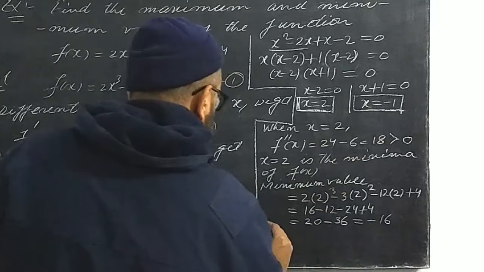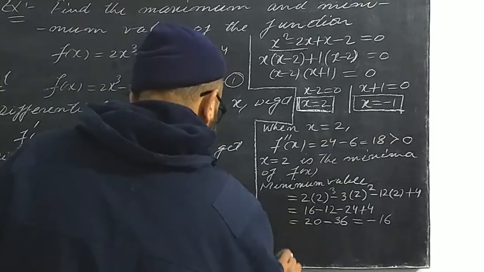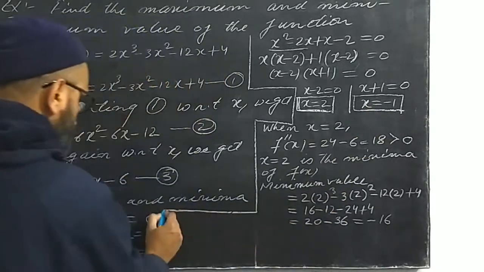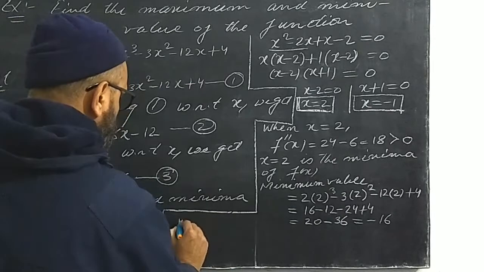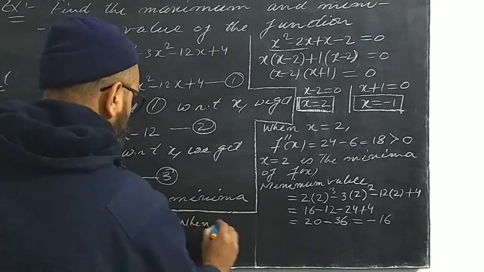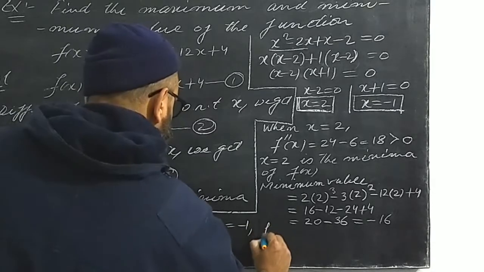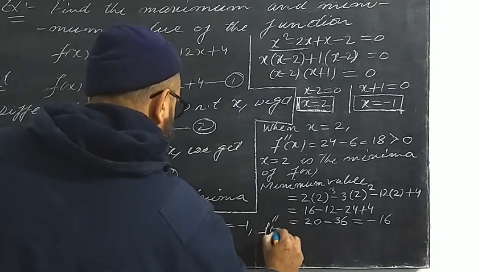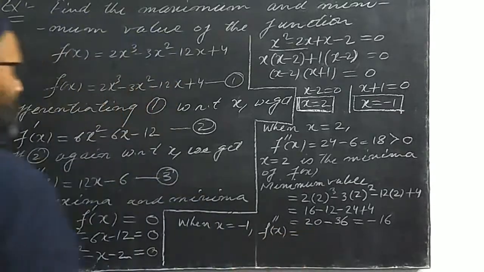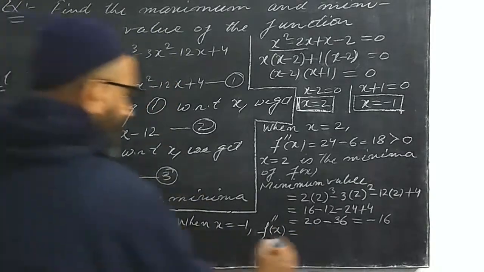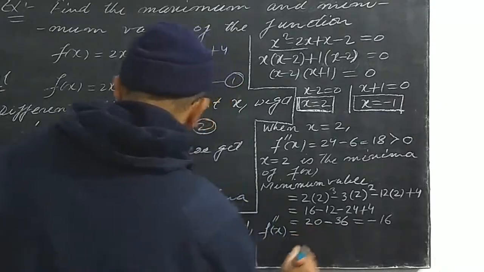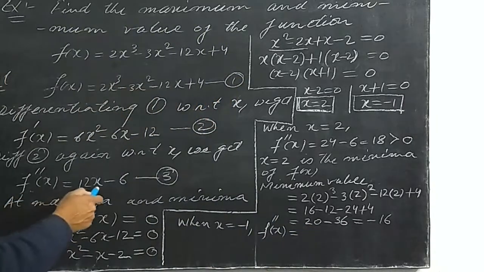Now when x is equal to minus 1, let us check the value of f double dash x, because f double dash x is equal to 12x minus 6.